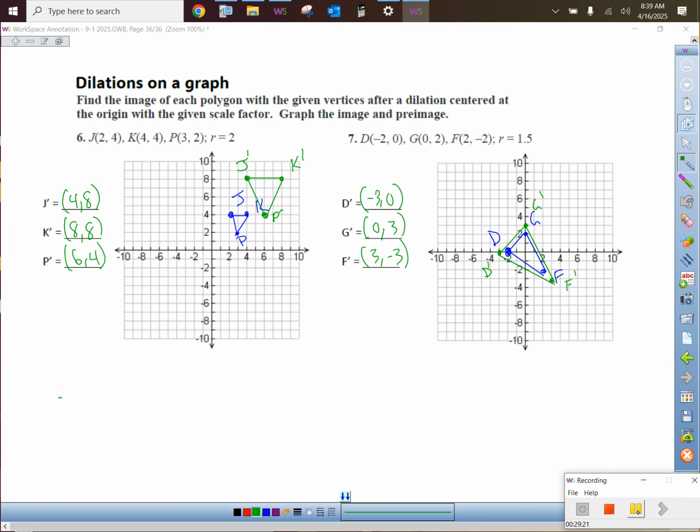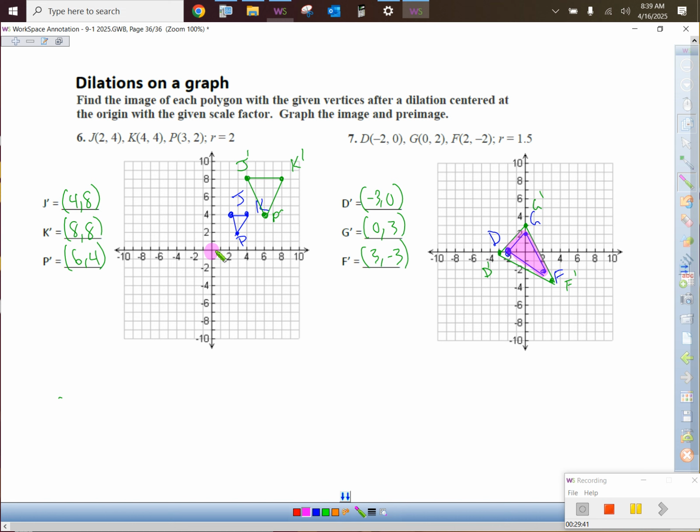When we do these on a graph, where is the center of dilation? The origin, 0, 0. Where is the origin in relation to this pink guy, or excuse me, the thing that I highlighted pink, inside it or outside it? Inside it. So it's pretty likely that the blue one's going to be inside. But it didn't happen over here. Isn't the origin on the outside of that guy in that case? So just cool little tricks.